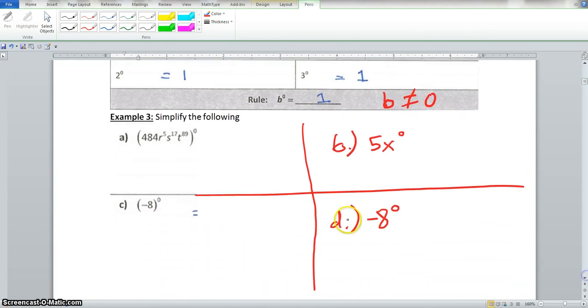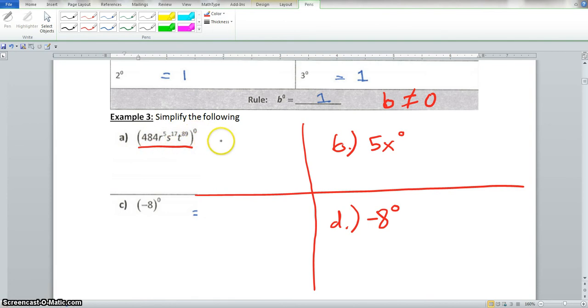Okay, now I had to redraw this because, like I said before, some things were shifting. So I had to redraw this in order for it to show up correctly as far as me doing these examples for you. So we have everything in this parenthesis here taken to the 0 power.